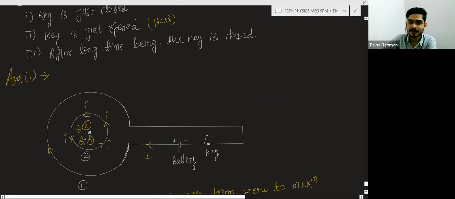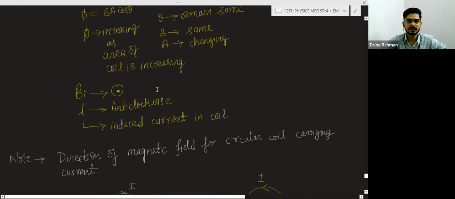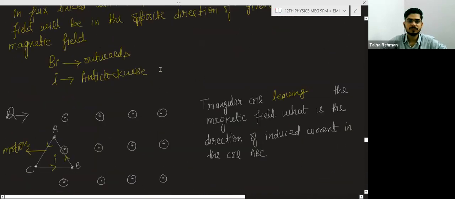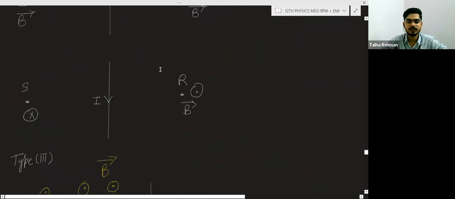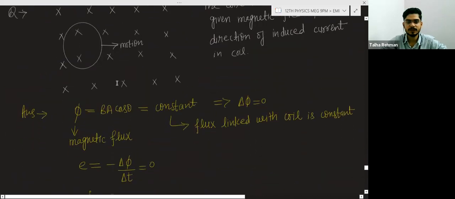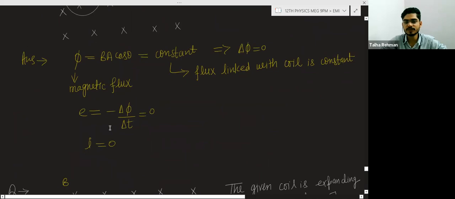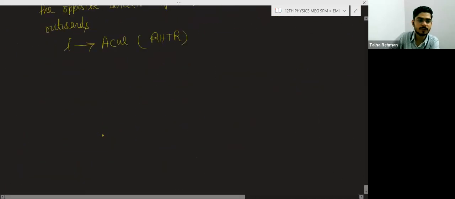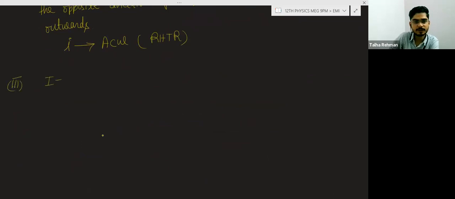So you can say the flux linked with the coil number 2 will not increase or decrease, means the flux will be constant. And what will happen when the flux is constant? Here, the flux is constant, so EMF is 0, induced current is 0. Third part, you can say the current will remain constant.